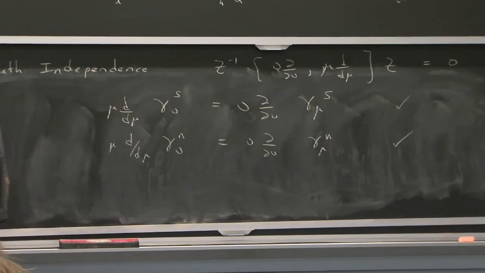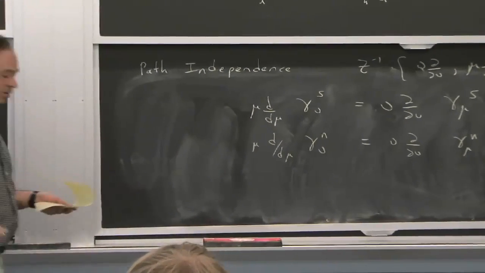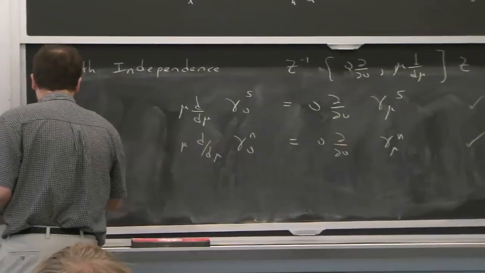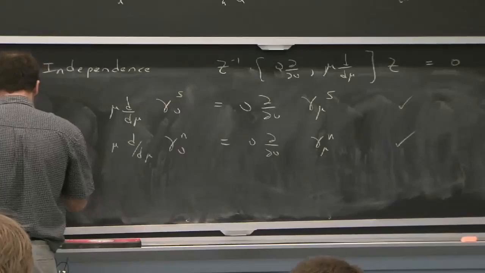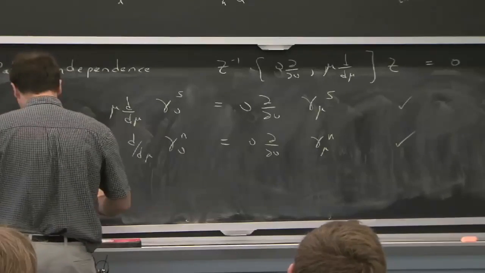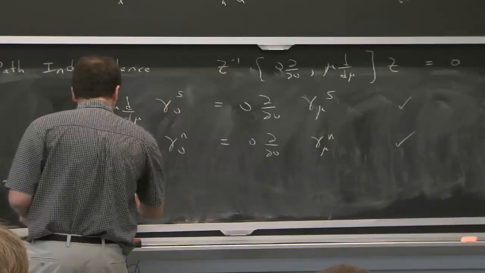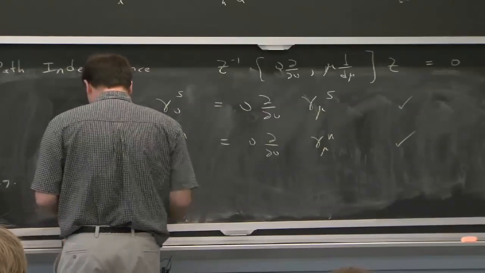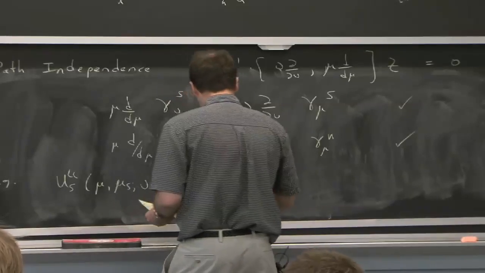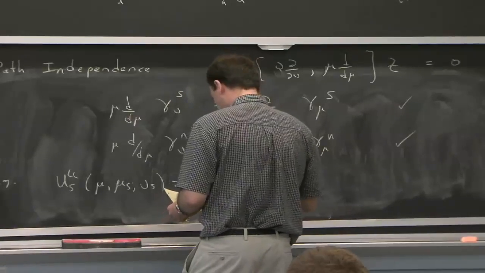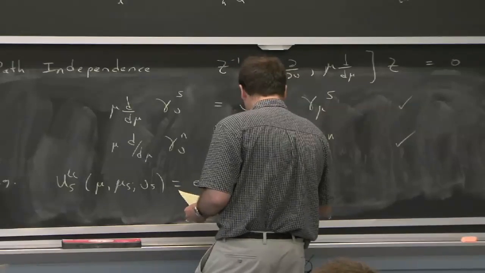So I'm not going to write down all these kernels for you. There's a lot of them. But just to give you a flavor for what the solutions look like, they kind of look familiar. Let me write down a couple of them. So I'll write down one. I'll write the ones for the soft. So at leading log order, what would they look like? They're exponentials, Sudakov logarithm type formulas.